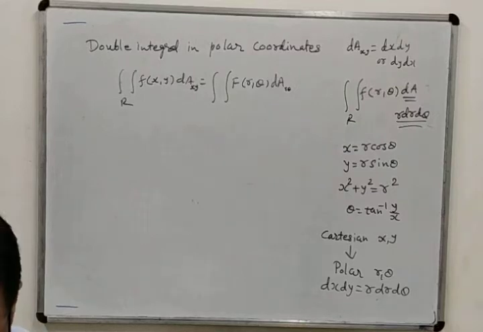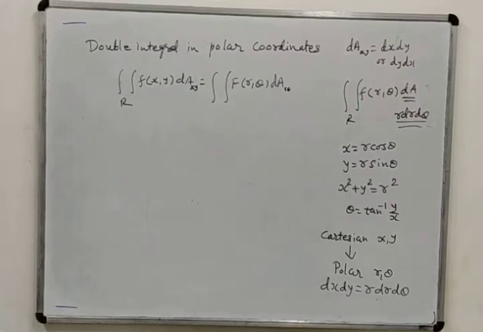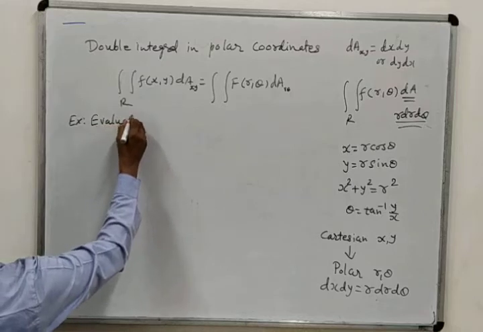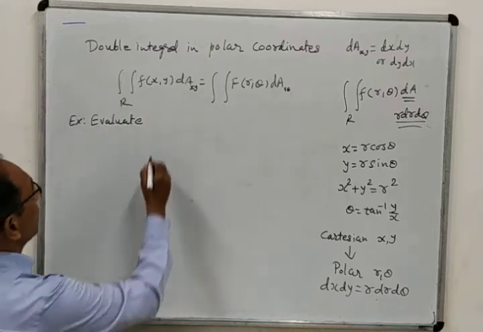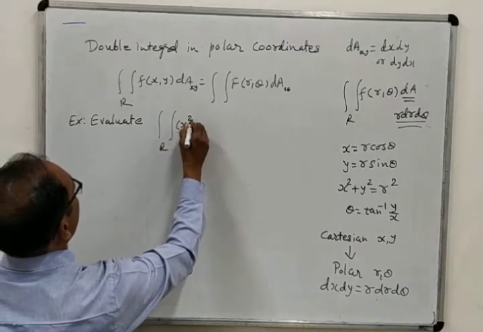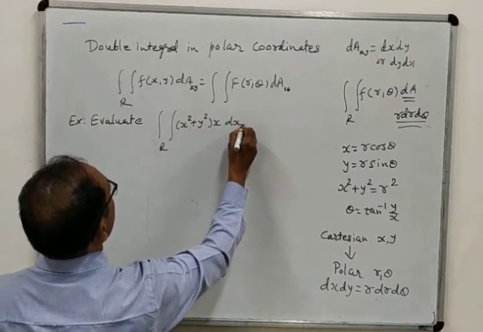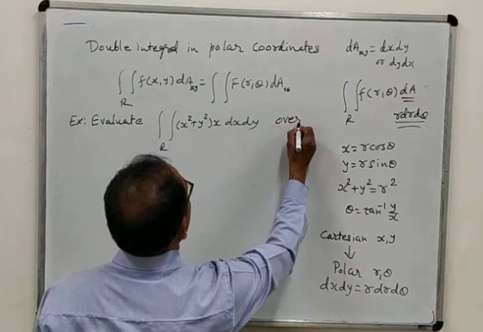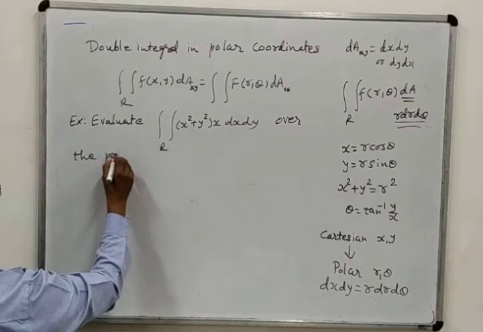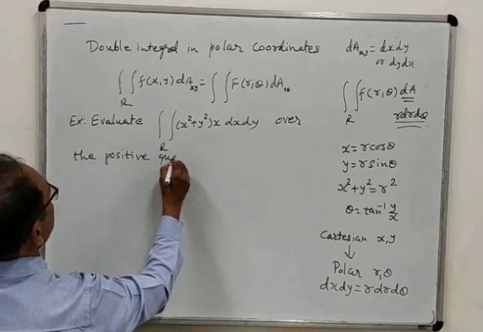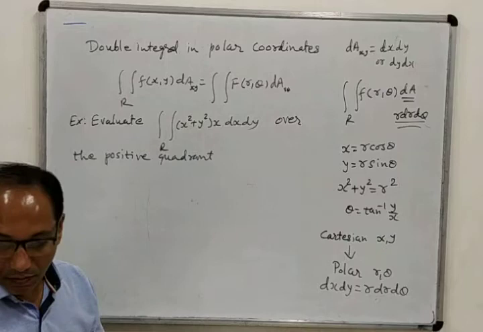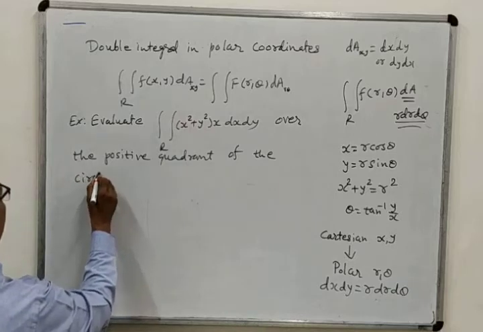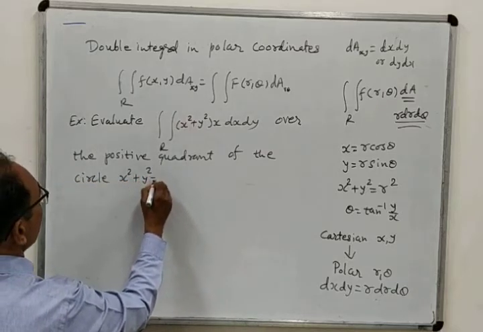Now let us see one example. Evaluate the double integration of x square plus y square times x, dx dy, over the positive quadrant of the circle x square plus y square equal to a square.